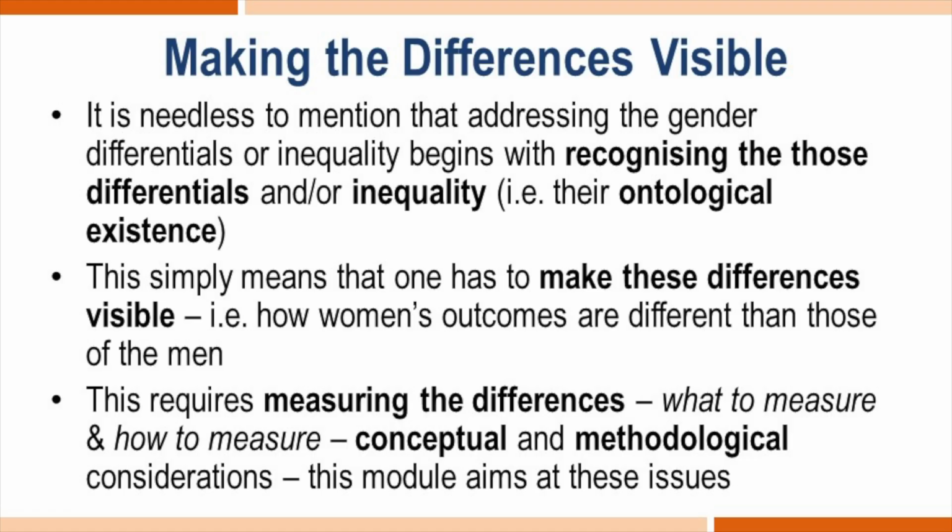In reality, the difference between men and women exists. This simply means that one has to make these differences visible, that we have to understand how women's outcomes are different from those of men in diverse fields and diverse spaces.